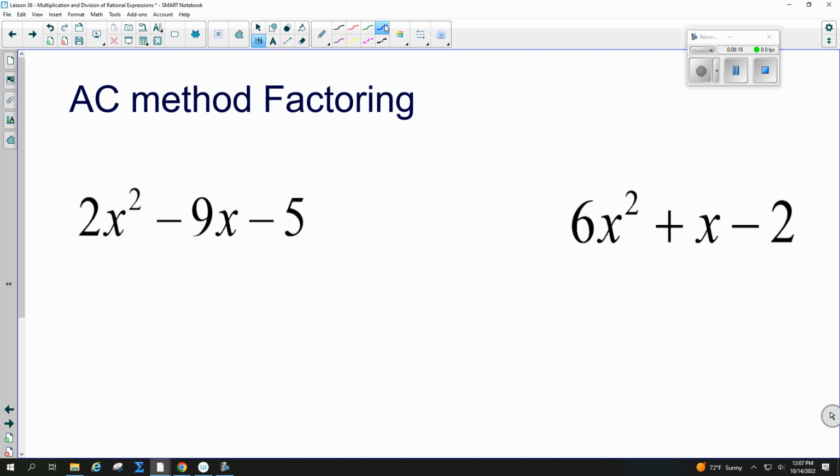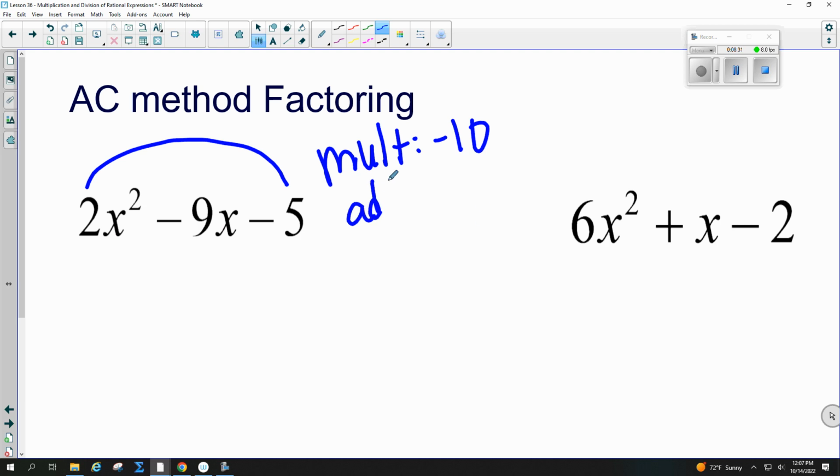For this lovely problem, we are looking for two numbers now that multiply to negative 10. 2 times negative 5. See how I multiplied 2 times negative 5? Okay, and then they also add to negative 9. So I need the two numbers to now multiply to this times this and add to negative 9.